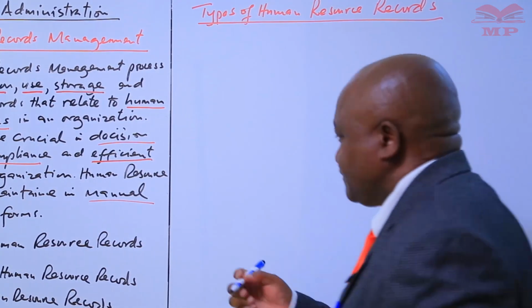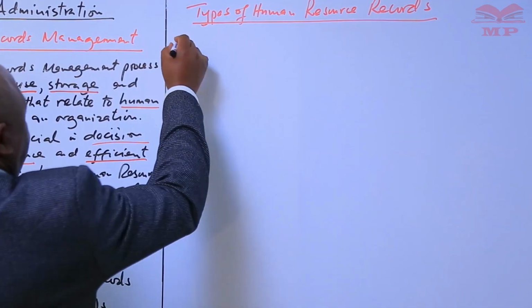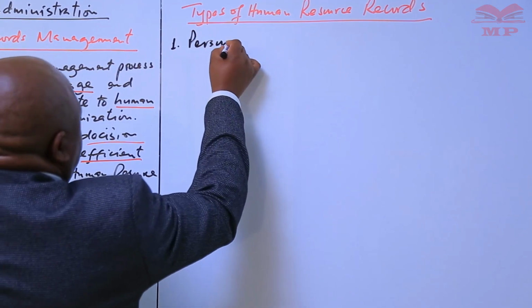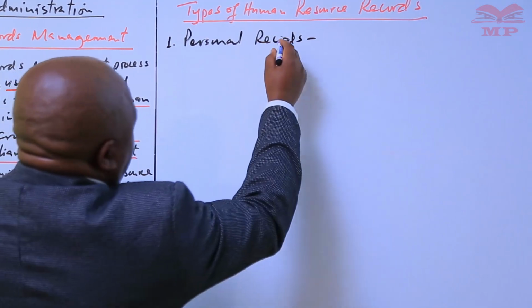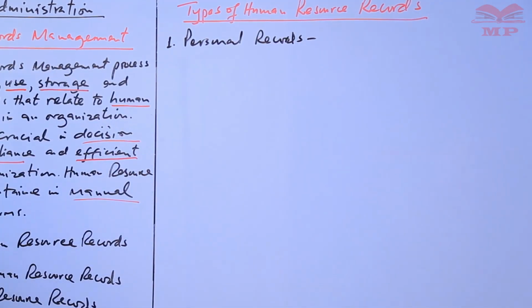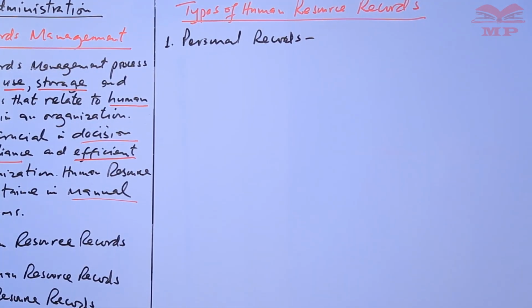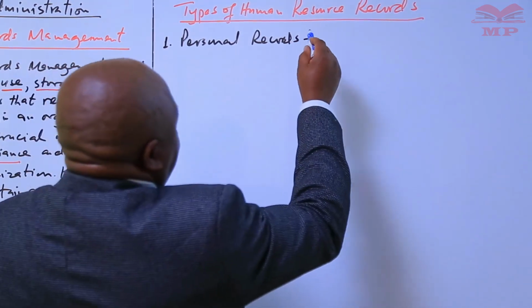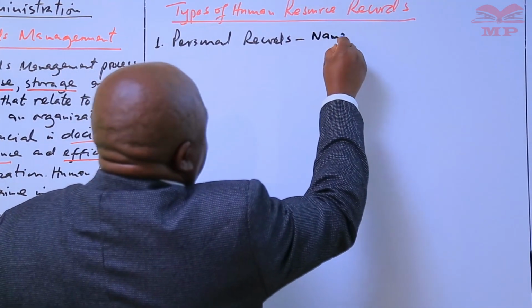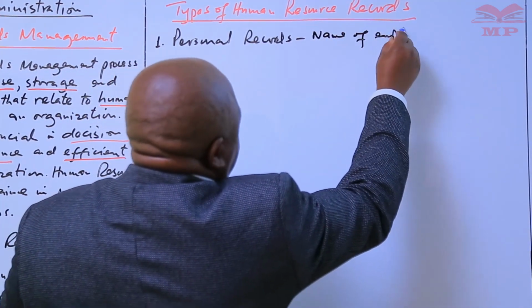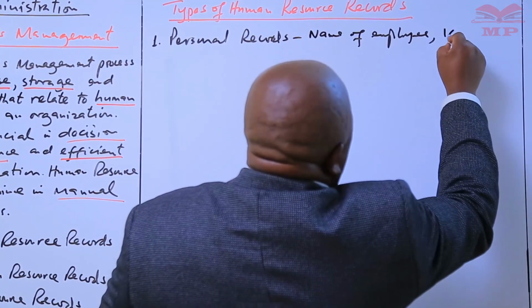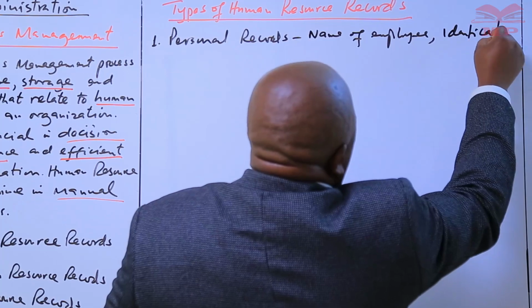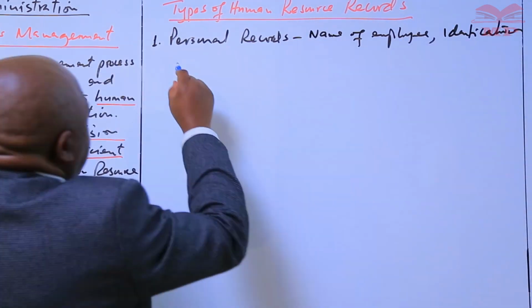So the first one are personal records. And when you talk about personal records, these are the records that will have the name of an employee. You may also have identification details.